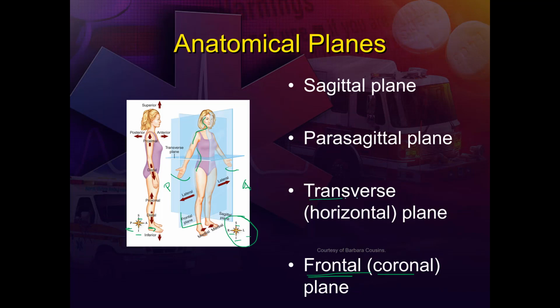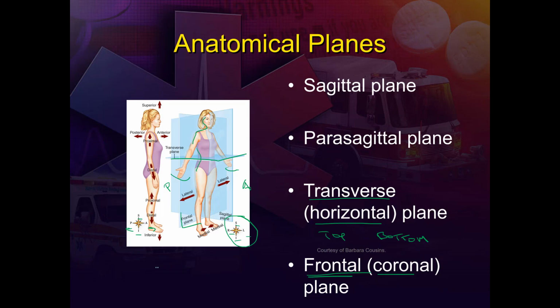The transverse plane, or the horizontal plane, is kind of one of the opposites of that, I guess we could say. This is the transverse plane here. And the role of the transverse plane is to separate the person, of course, not physically, but from top and bottom.